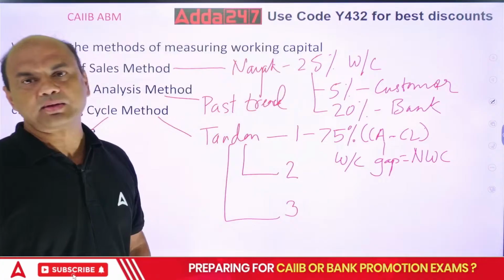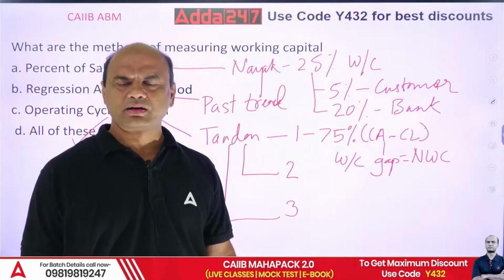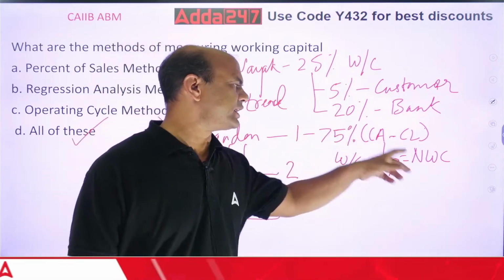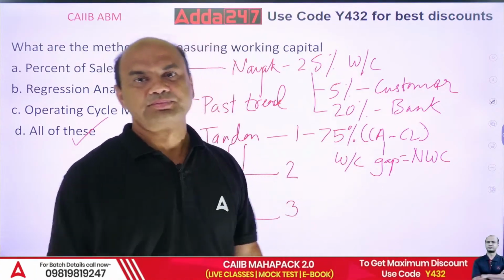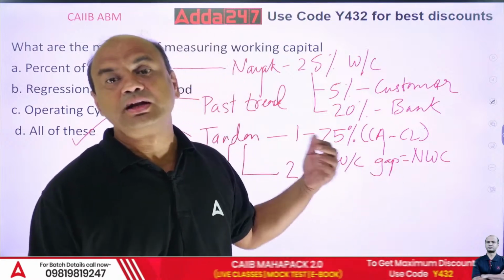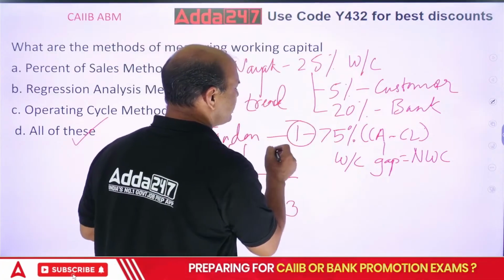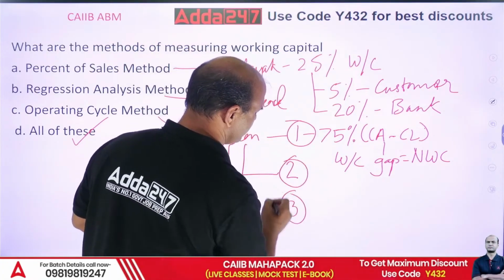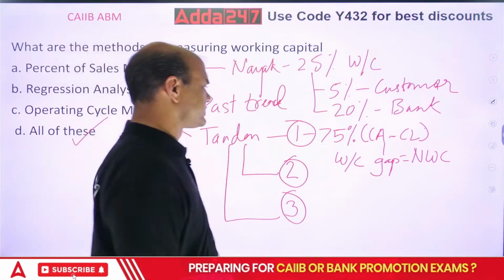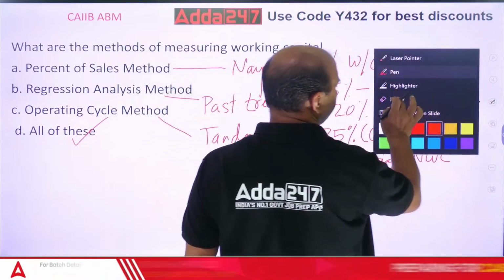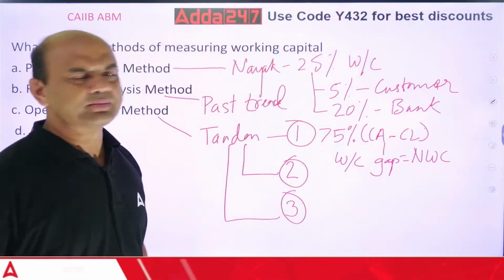Depending on whatever the book wants, it will write. So it is 75% of this NWC or 75% of this gap. Simple. Tandon committee method 1. This is generally used in DP calculations, drawing power. Many of you will feel it's minus, but it is not. Drawing power is the main element in any CC.